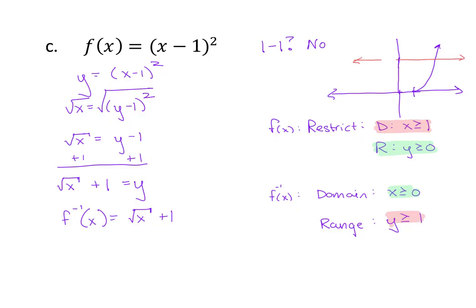We flip our domain, we flip our range. And if we graph the inverse function, this is a square root that has been shifted up 1. It basically looks like this. We do have the condition that it is symmetric about the line y equals x, and so we are done with that.